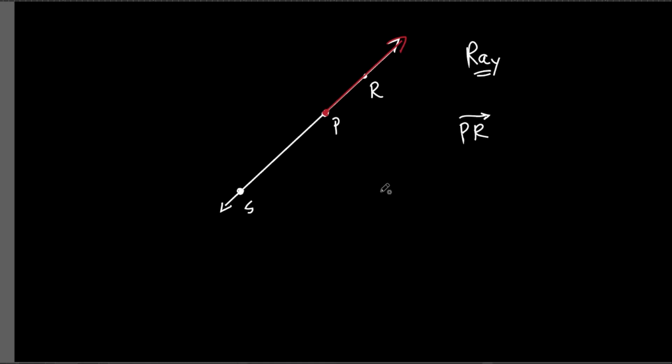So I've got a question. What would the difference between ray PR and half-line PR be? The difference is that a half line does not include the letter P, all right? So if I said half line PR, that would mean everything in this direction from P, but does not include P. A ray actually includes that letter, okay? If I said half line PR, I would do this, and then I'd put a little circle right there.